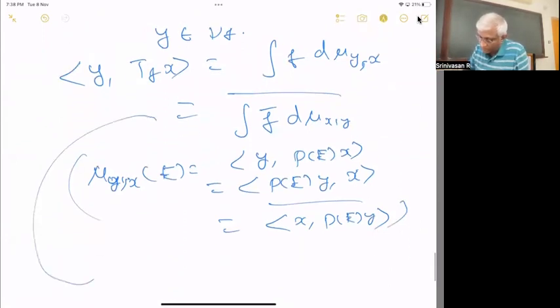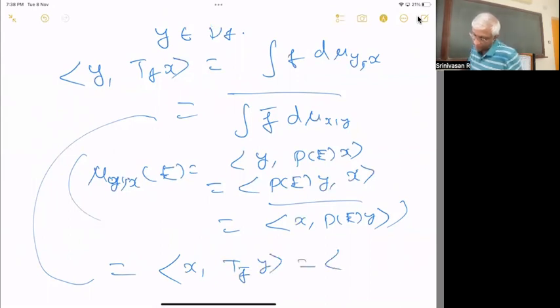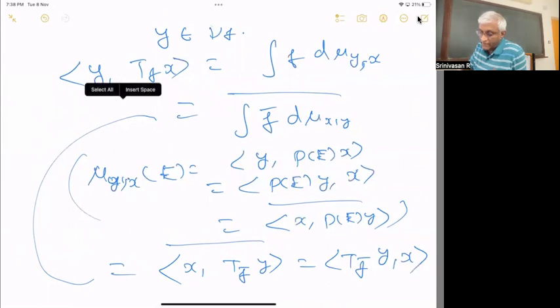Now this is equal to the inner product of x with Tf bar y, which is the conjugate, which is the inner product of Tf bar x with y. We started with the inner product of y with Tfx, which is equal to this.